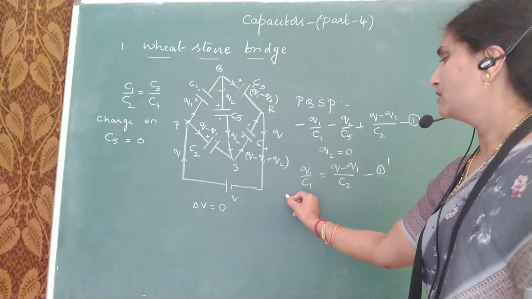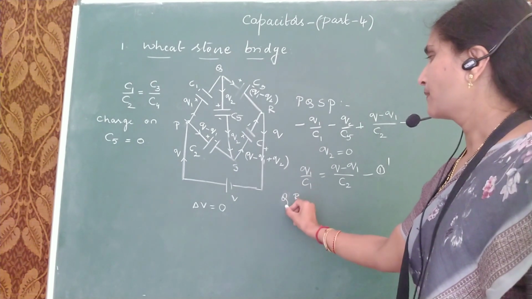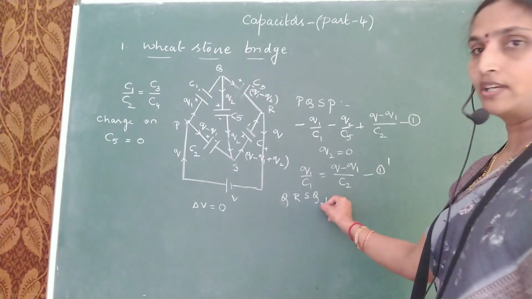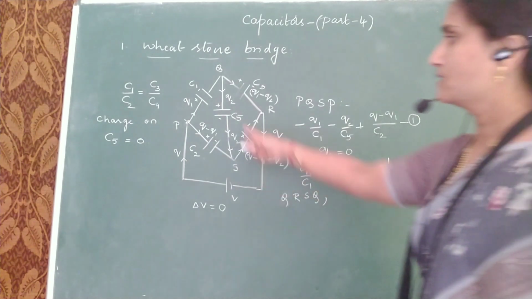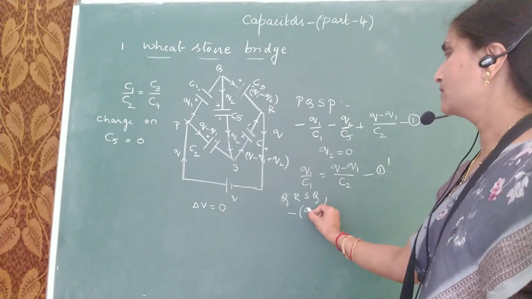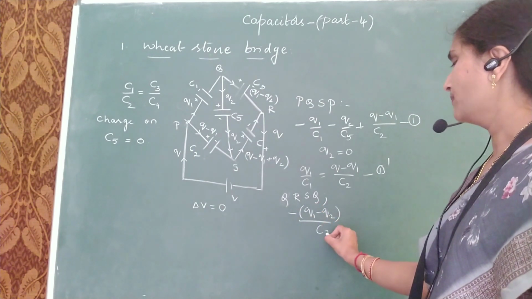So for the loop Q, R, S and Q, if I write the voltage rule similar to the previous, start from here, positive to negative, minus of Q1 minus Q2 divided by capacitance C3.